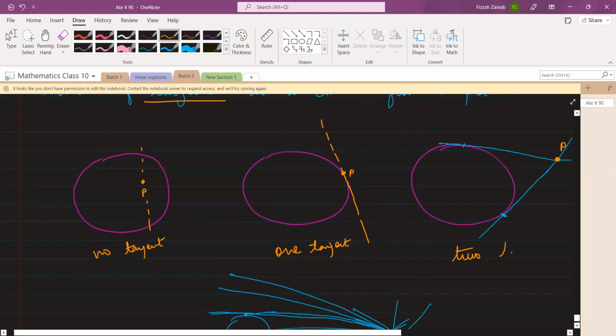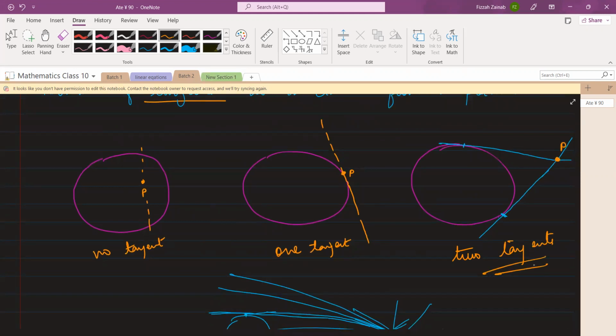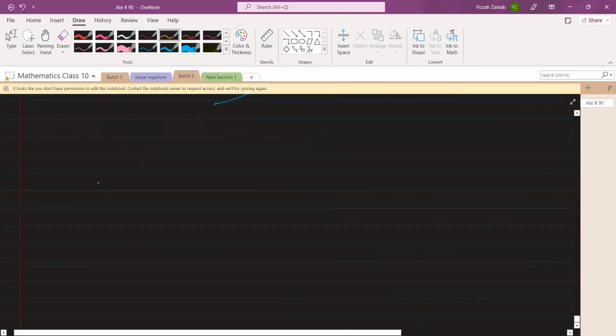Okay. So two tangents can be drawn from a point which is outside the circle. So you can just summarize, right? Or you can call it a note.